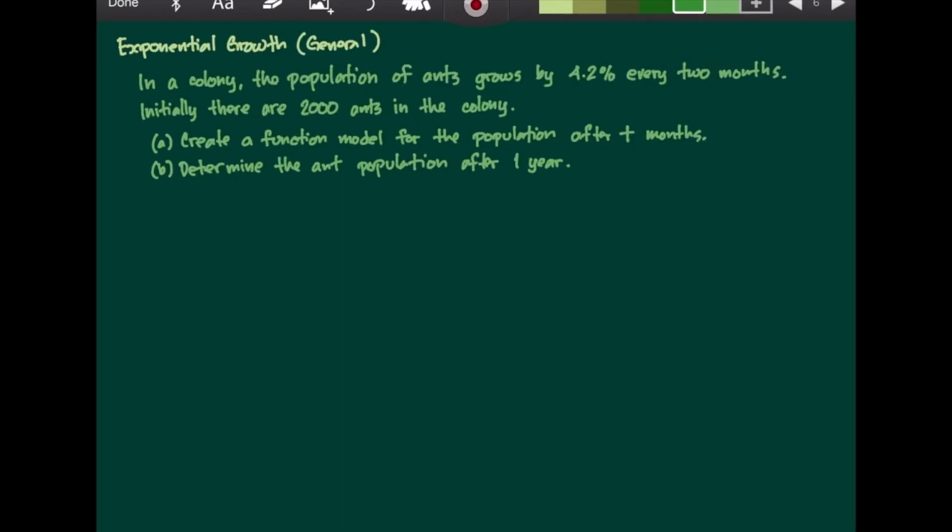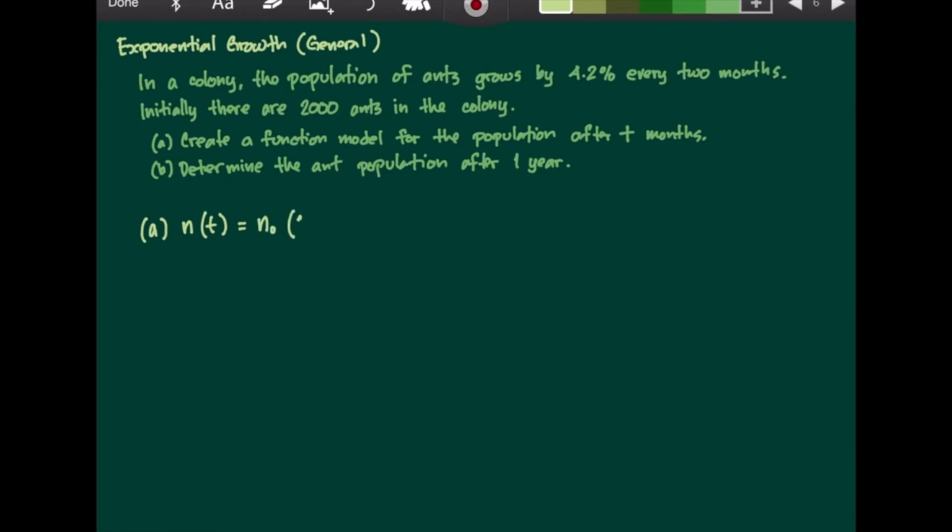Now let's expand yung doubling model natin for something na hindi nagdo-double but a certain percentage. So for this problem, let's say may colony, the population of ants grows by 4.2% every 2 months. And there are initially 2,000 ants in the colony. So let's construct a function model for the population after t months. So our population, N of t, this is the population after t months, this is equal to the initial.